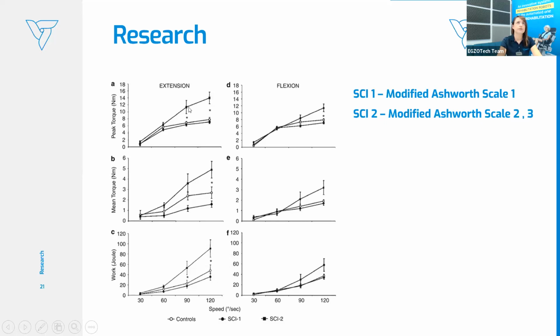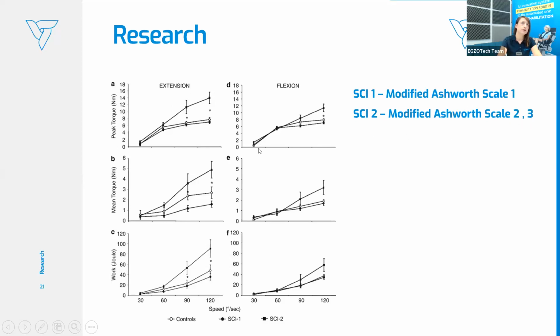This is something that can be seen at the higher velocities, so around 100, 120 even for this particular research. So yes, because that's always a question, how those two values are correlated. And you can see that for the speeds of 90, 120, the peak torque reached around 12, 14 for the modified Ashworth scale 2, 3.